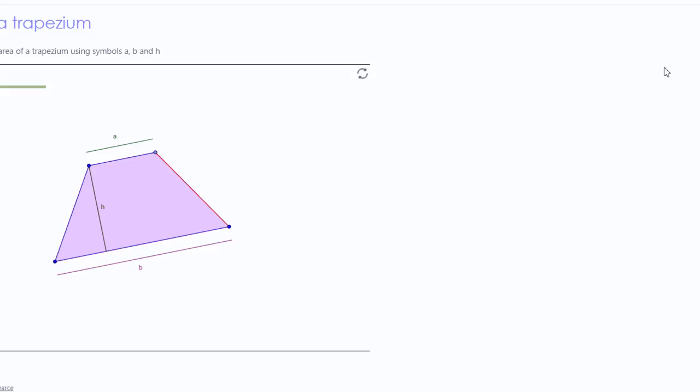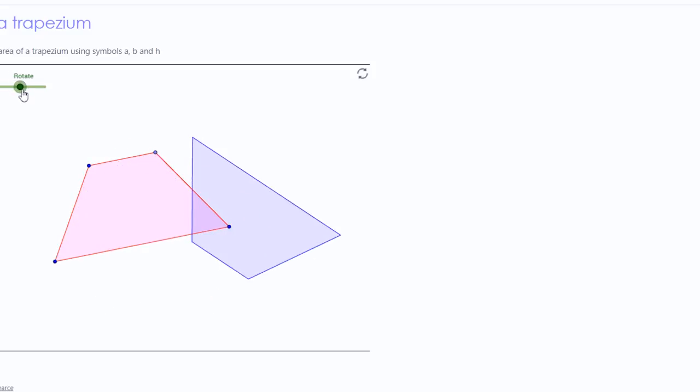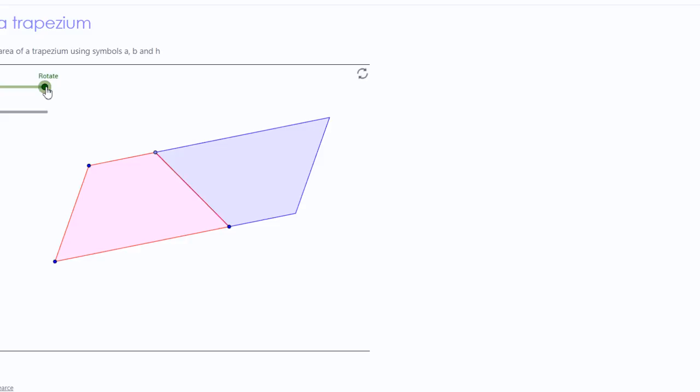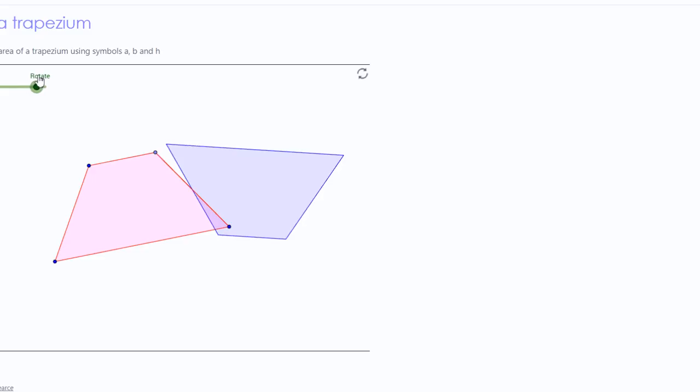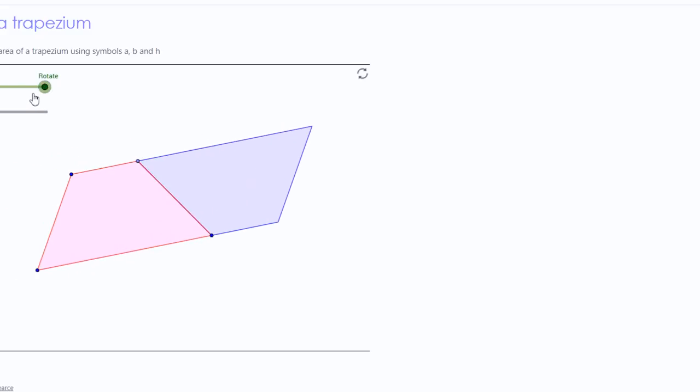Now I'm going to rotate this shape, just to double it, rotate it, so that I have another exactly congruent trapezium on the other end. So I've just doubled this trapezium from the original one and attached it to a similar trapezium over here.